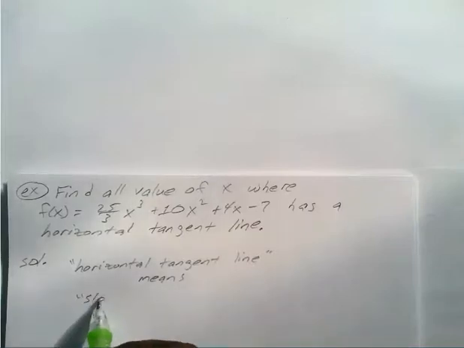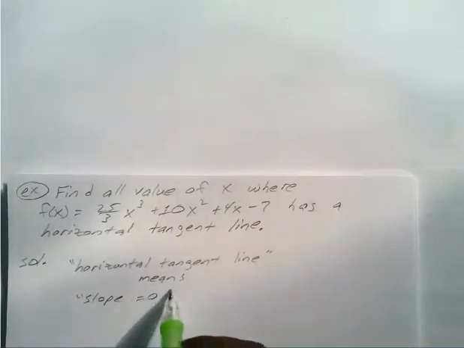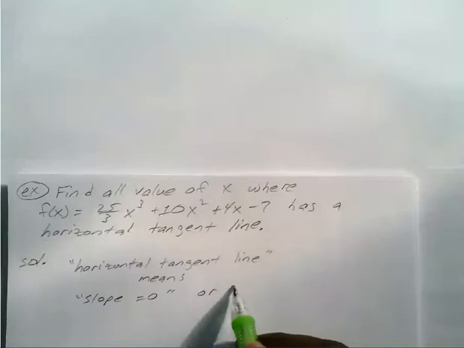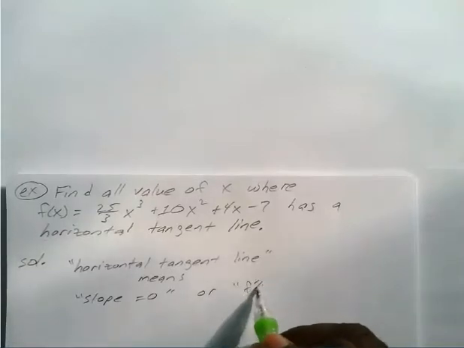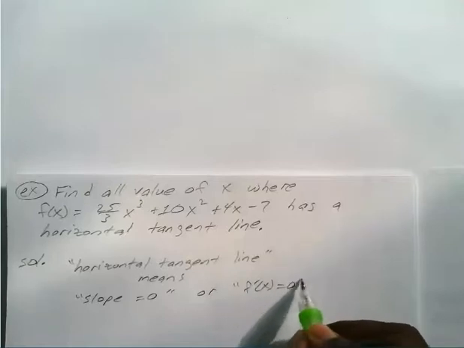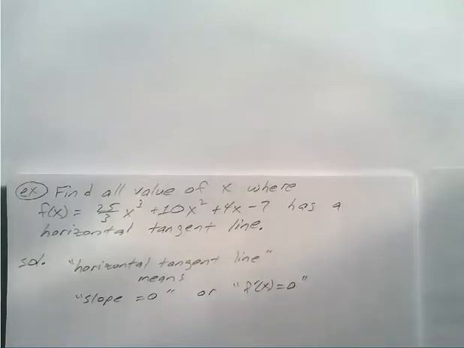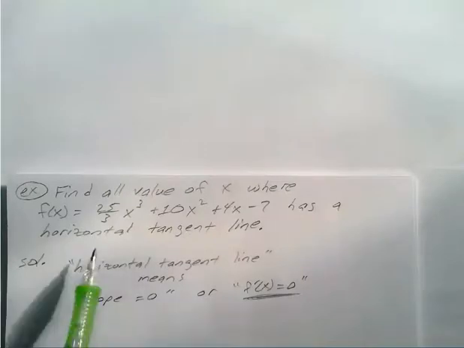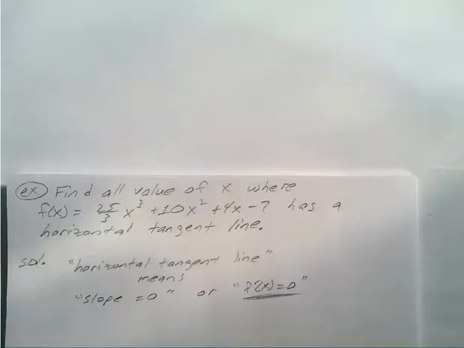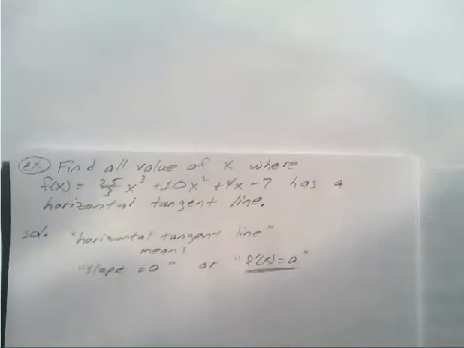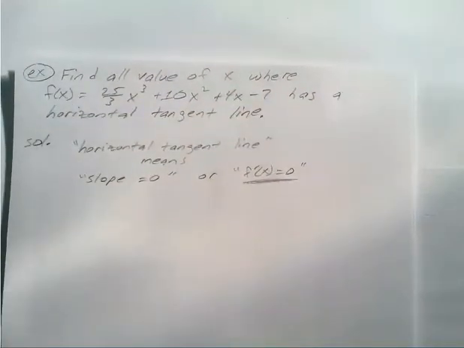That the slope equals 0, or to make it a little more relevant to what we're doing, your f prime of x is equal to 0. So this is our goal, to find out where our f prime of x is equal to 0 in order to find out where our horizontal tangent line will be. Alright, so first thing we have to do is find our derivative, our f prime of x.